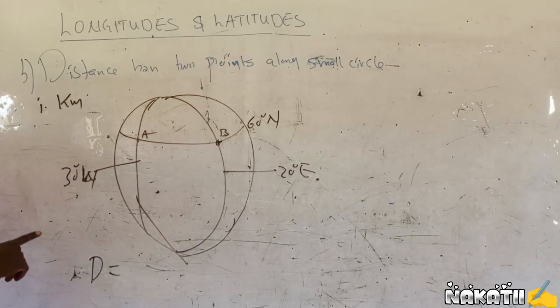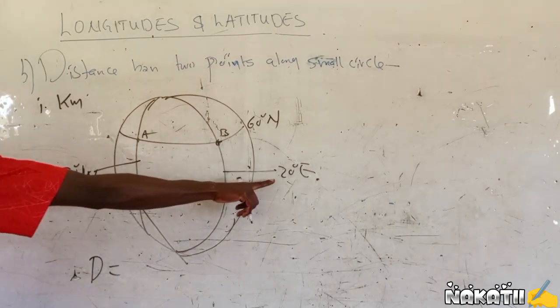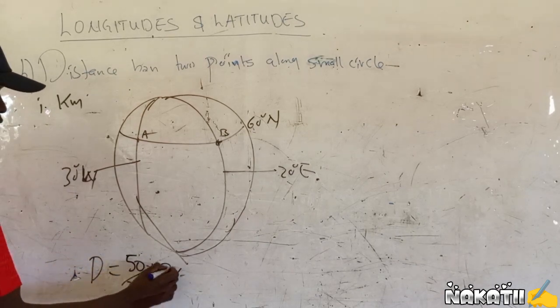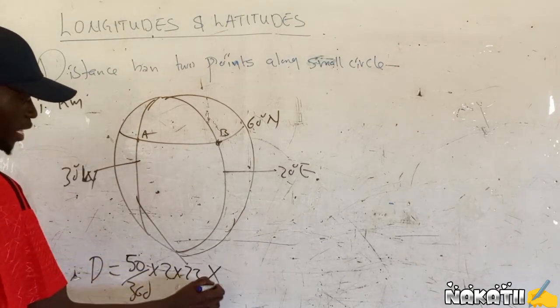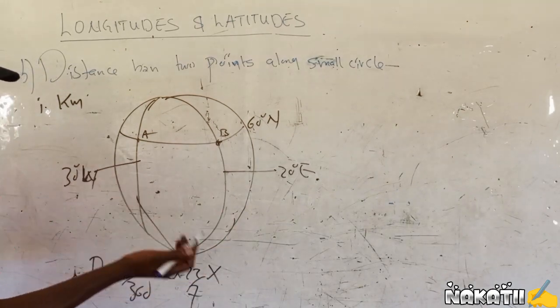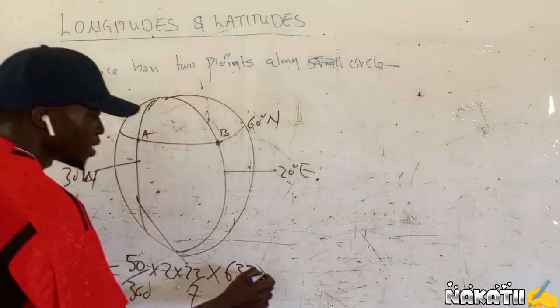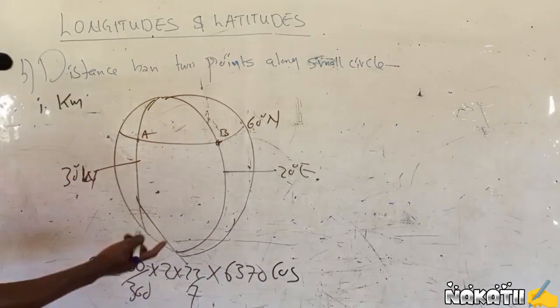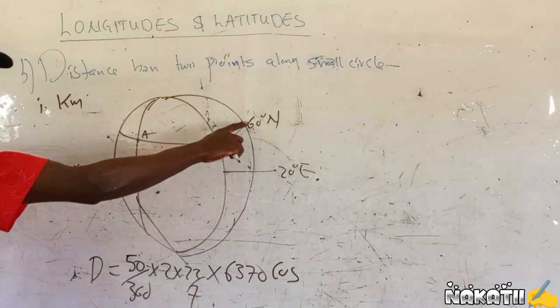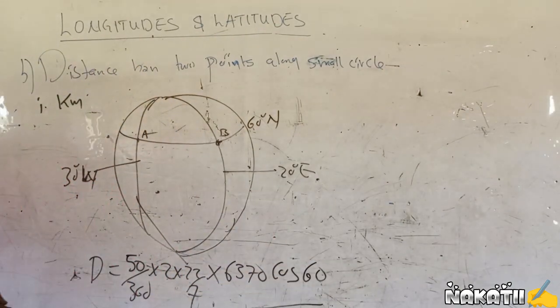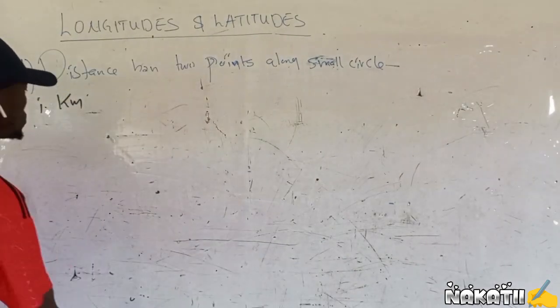Theta is the angle between them. So just take 30 plus 20, which is 50, divided by 360 times 2 times 22 over 7 times R, which is 6370. That is the radius of the earth. Then cos alpha, we've said you take the latitude angle as your alpha, which will be 60. Then if you do this, you get the distance between those 2 points.